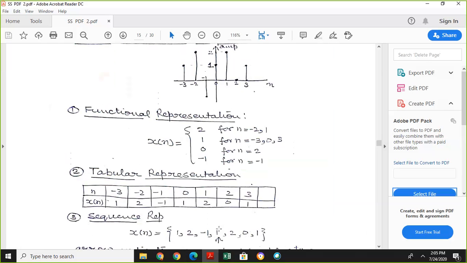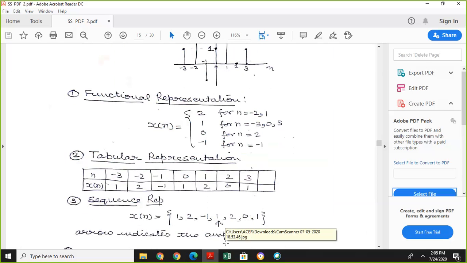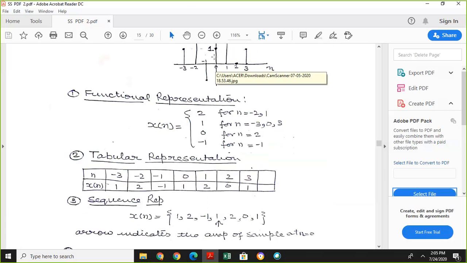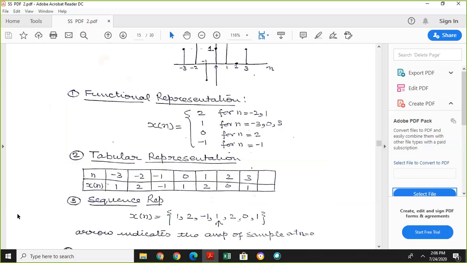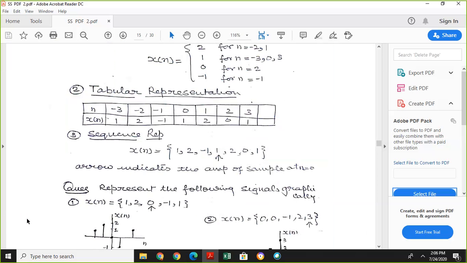Here the arrow indicates the amplitude of the sample when n is 0. When n is 0, the amplitude of x of n is 1, and the arrow indicates that here n is 0, then n is 1, 2 and 3, and to the left n is -1, -2 and -3. Sequential representation is the most frequently used representation.